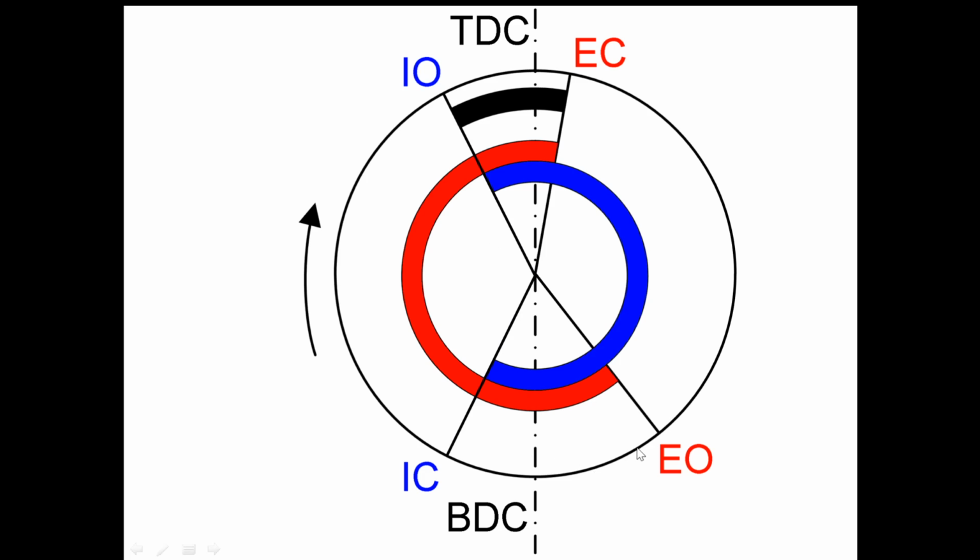Similarly, the exhaust valve should open when the piston reaches bottom dead center theoretically, but actually it opens before the piston reaches bottom dead center. Similarly, the closing. IC means inlet valve closing, EC means exhaust valve closing. So closing as well as opening, both are not happening at the dead centers but before or after the dead centers practically. So let us see how to draw this valve timing diagram.